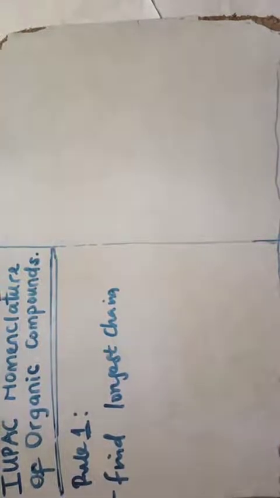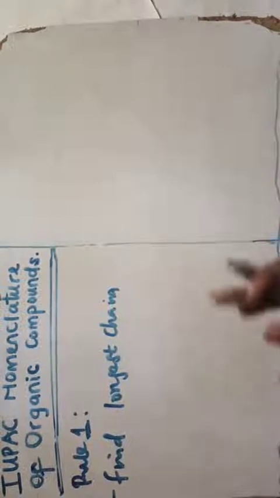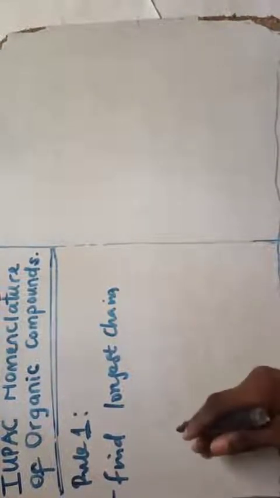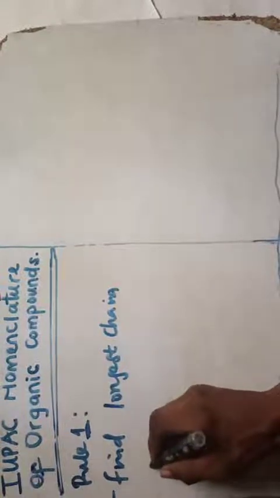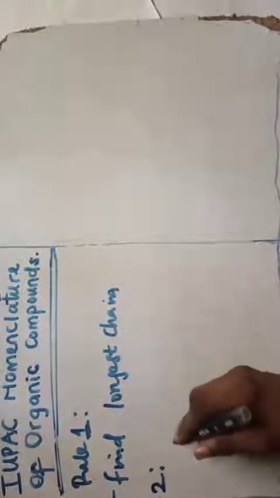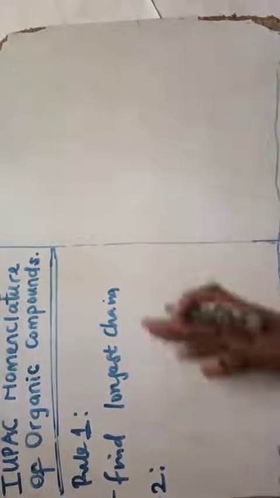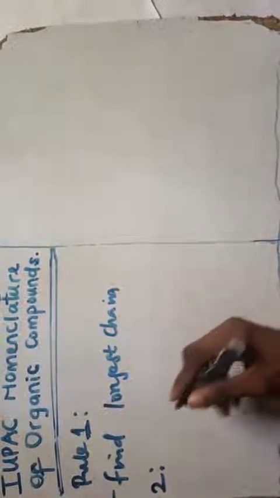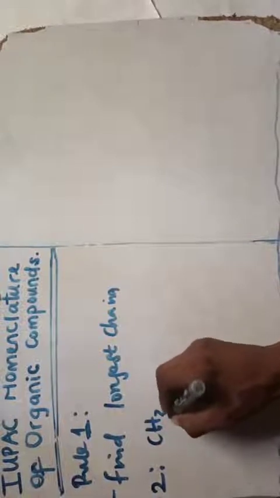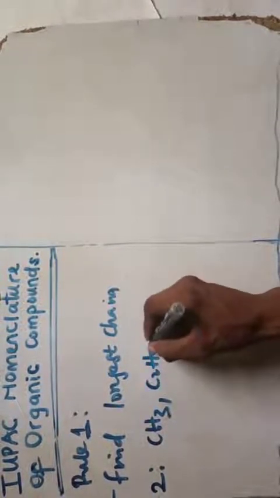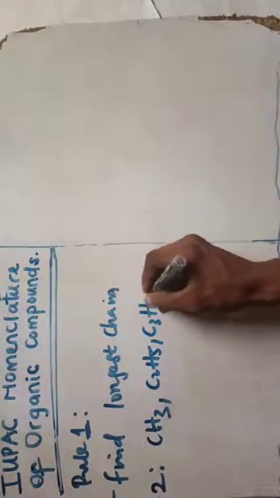We have some other rules as well, for example the first 10 alkane series: methane, ethane. Rule number two: once you find the longest chain, you name the prefix. The prefix for the side chain depends on what you have: CH3 is methyl, C2H5 is ethyl, C3H7 is propyl.